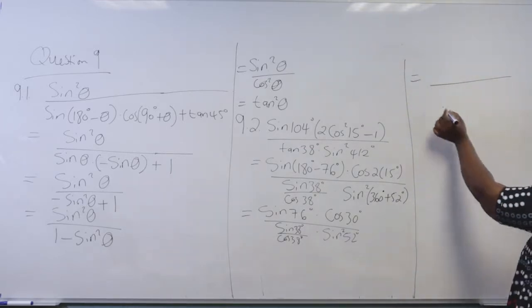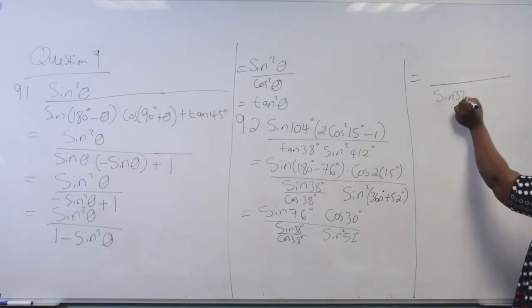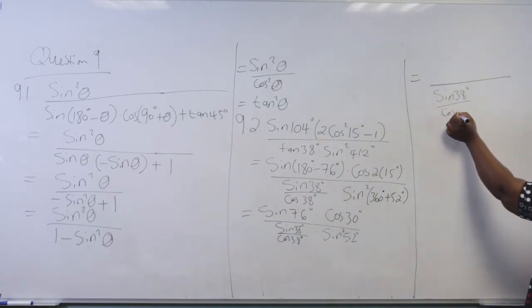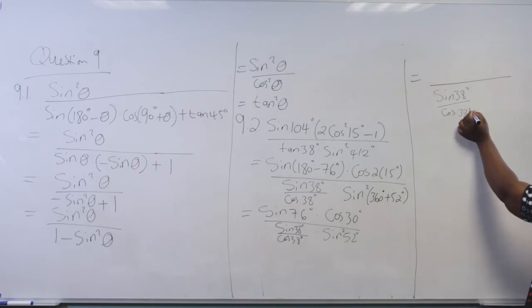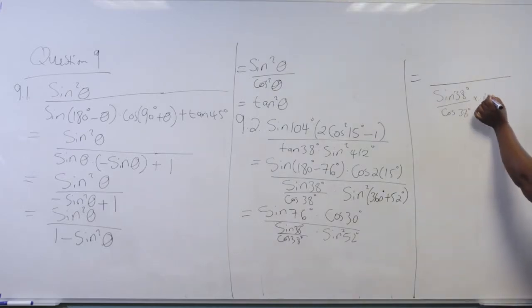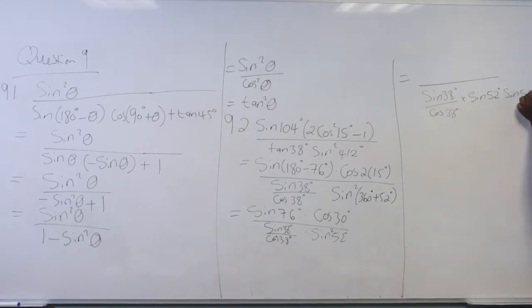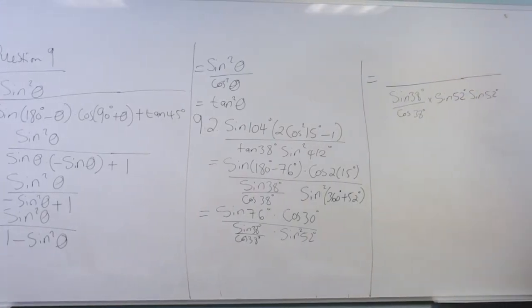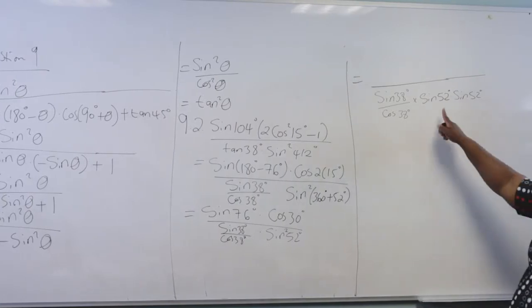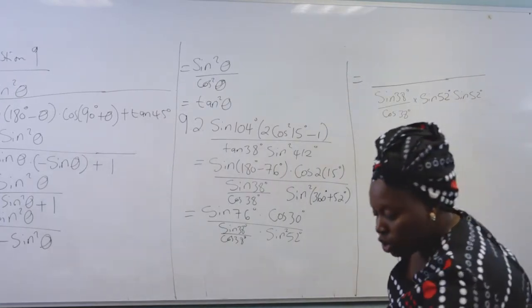Let's deal with the denominator. It is the sine of 38 divided by the cos of 38 multiplied by sine squared of 52. So we can write that as sine 52 times sine 52. They are giving us the same value. But we said sine 52 is the same as cos of 38.